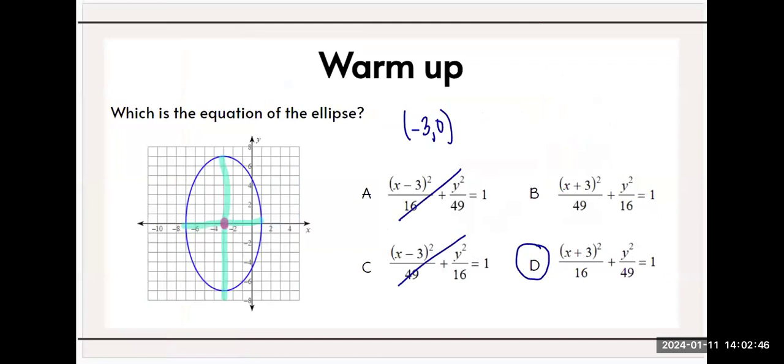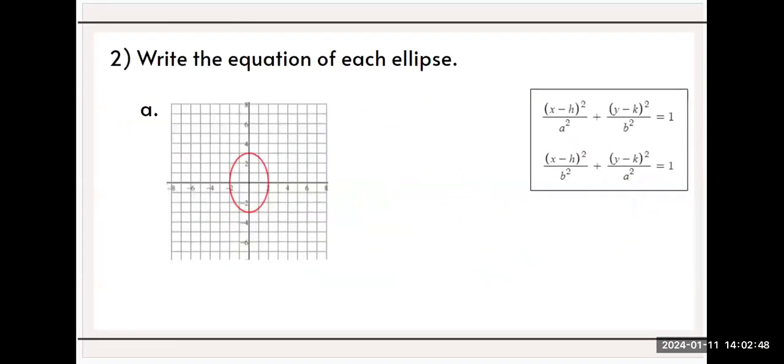Okay, then we were going to go back real fast to number 2. This one has a center of 0, 0. Next, we're going to look for A and B. And that's all we need to write the equation: the center and A and B. Remember, A is the larger.